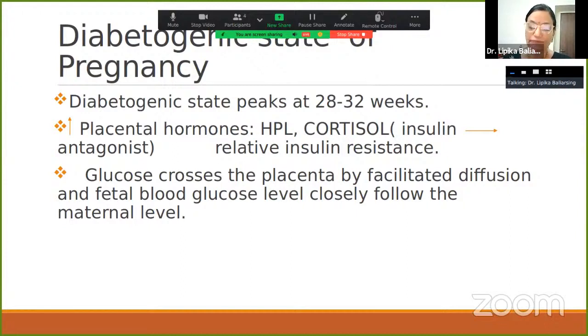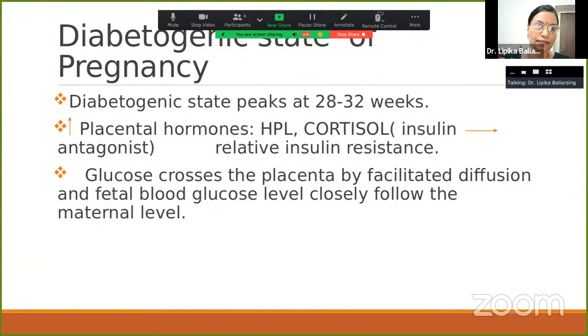This normal pregnancy physiology gets exacerbated and becomes a diabetogenic sustained state, that is, the gestational diabetic state. This state peaks at 28 to 32 weeks, due to the increased placental hormones.